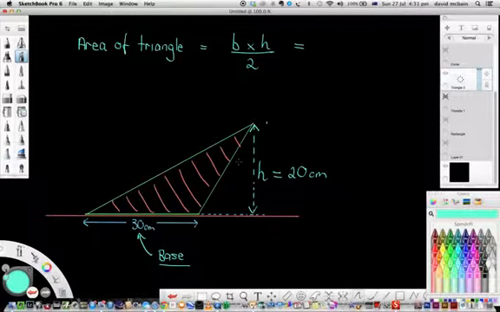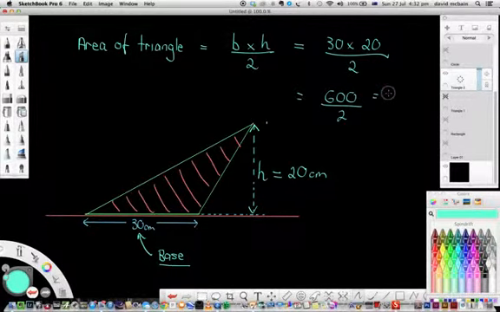And in this case, the base is 30, the height is 20, and we need to divide that by 2. So 3 times 2 is 6, with 2 zeros on the end, so 30 times 20 is 600, divided by 2, and so that equals 300 centimetres squared. It's centimetres because our measurements are in centimetres, and because we're talking about area, it'll be centimetres squared.